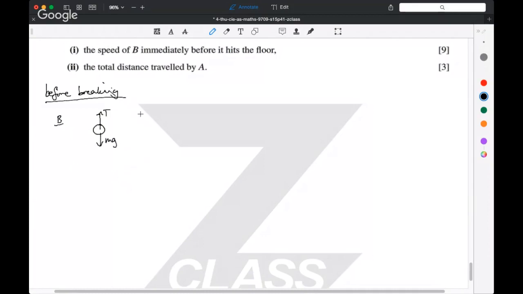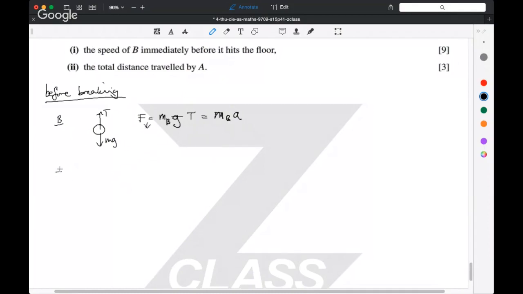So the net force, and I'm going to define the positive as acting downwards, is mg minus T, and that must be equal to mB times g, the mass of B, which is equal to mB times the acceleration.